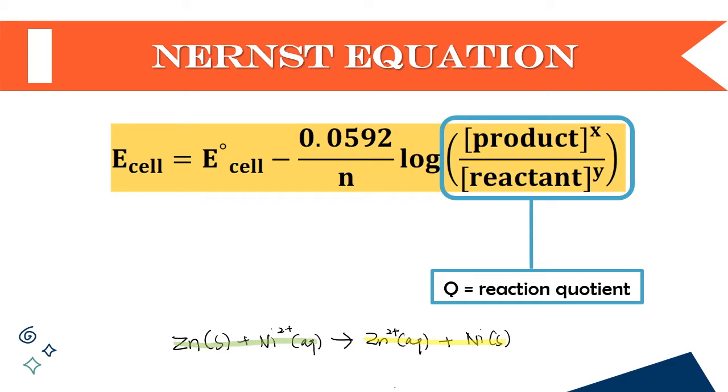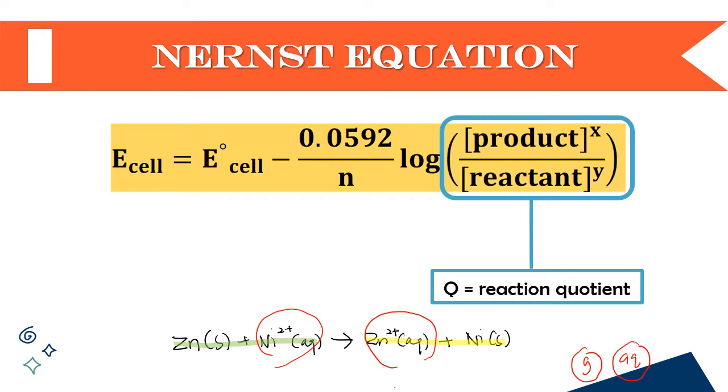Bear in mind, the way you write down your Q is the same as the one that we did for chapter 6 and chapter 7, where we only write down the aqueous species and also gas pressure. Only these two terms are chosen to be written in our quotient.